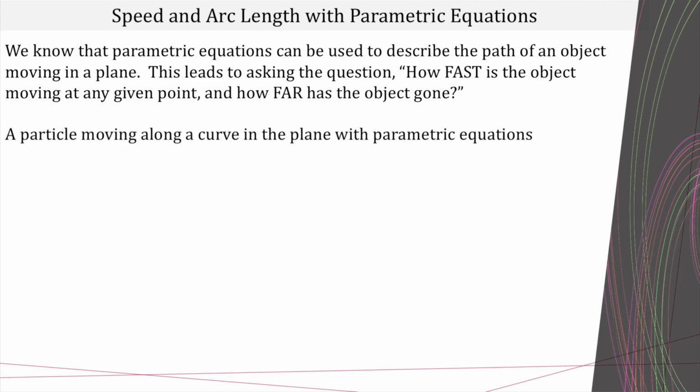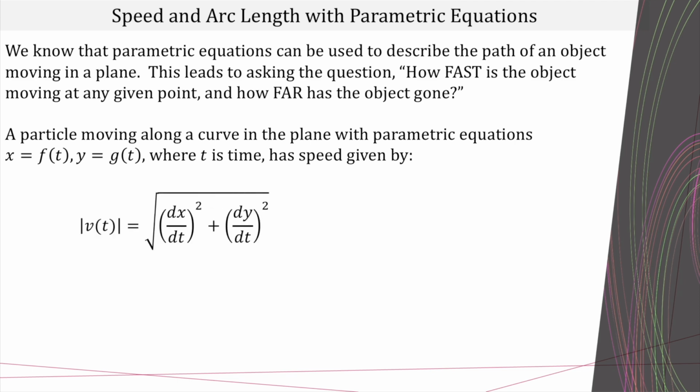A particle moving along a curve in the plane with parametric equations x equals f of t and y equals g of t, where t is time, has a speed given by this guy or this guy. Same thing, but what are we looking at?